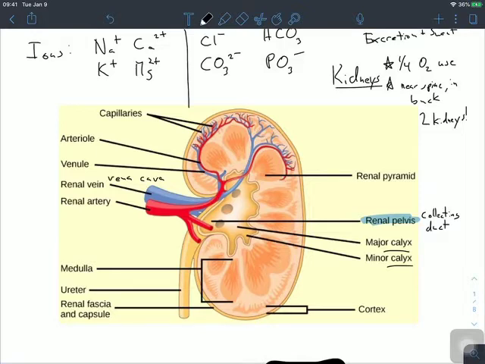Again, kind of similar to the renal pelvis in that they are just giant places where things accumulate. The vena cava carries blood, not urine, and in this case operates against gravity because you need to travel up from the kidneys to the heart. And then the renal artery carries highly oxygenated blood to the kidneys.